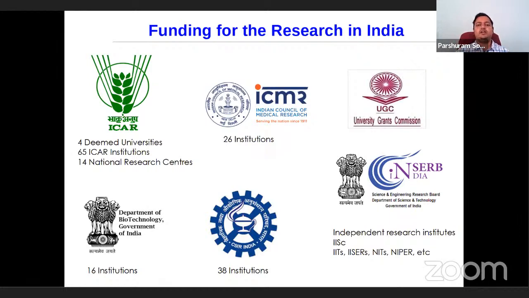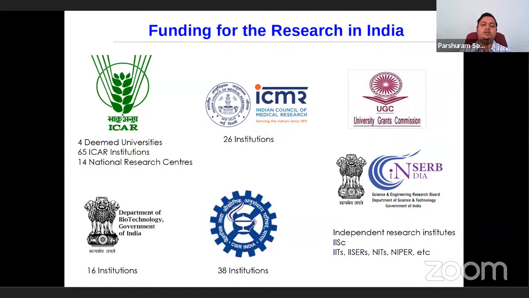Similarly, there is the Indian Council of Medical Research, dedicated to medical and pharmaceutical research. Apart from that, there are independent government departments such as the Department of Biotechnology or the CSIR, Council for Scientific and Industrial Research. These are the different bodies which provide funds for doing research.